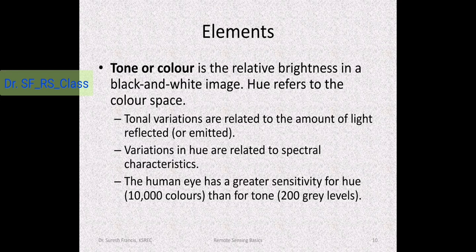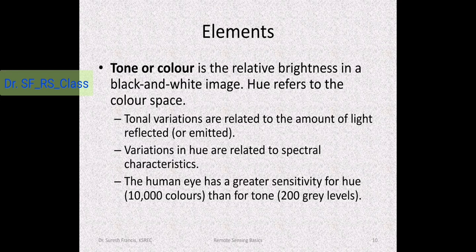The EMR from the sun is reflected from the objects on the earth and sensed by the sensors. This reflection of electromagnetic radiation in the visible, infrared and microwave will be sensed by the sensor, and if the reflection is high, the image will be brighter, and if the reflection is low, the image will be darker.